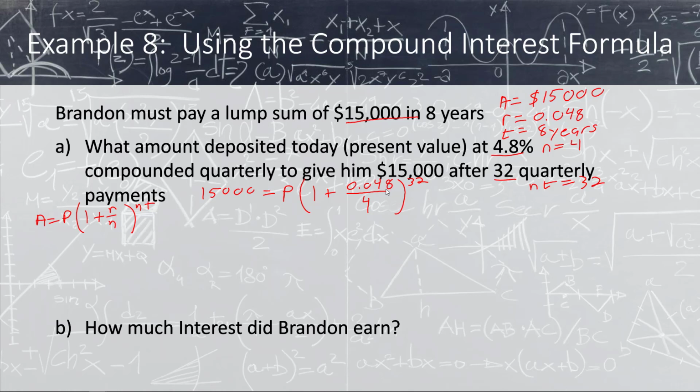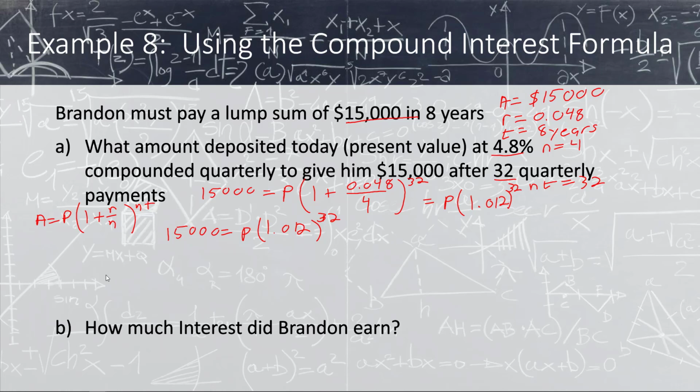Now we can do some simplification. For example, 0.048 divided by 4 is 0.012. So that gives us P times 1.012 raised to the 32nd power. Let me clean that up a little bit. That means that now we have 15,000 equals P times 1.012 raised to the, I'm sorry, 32nd power.